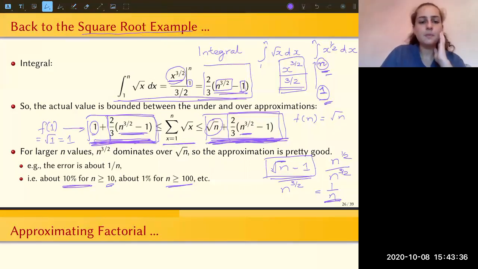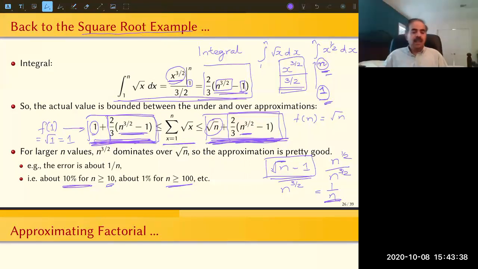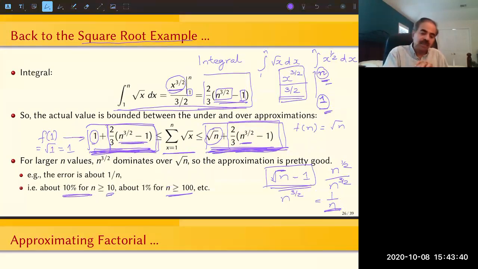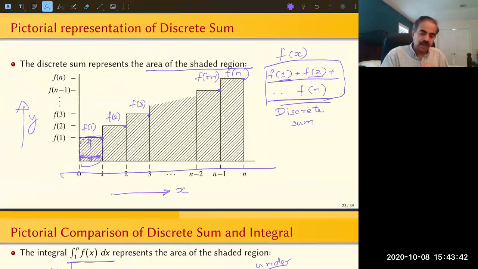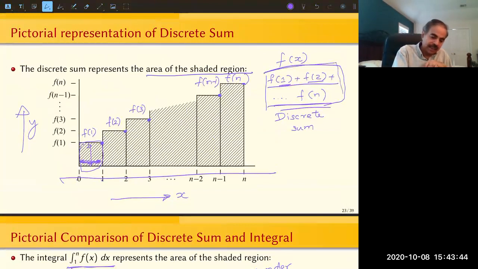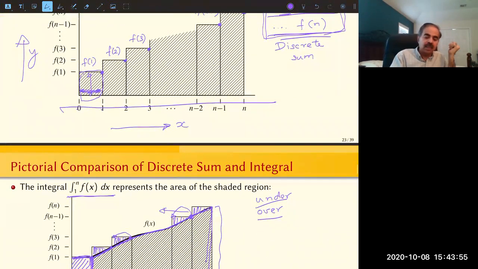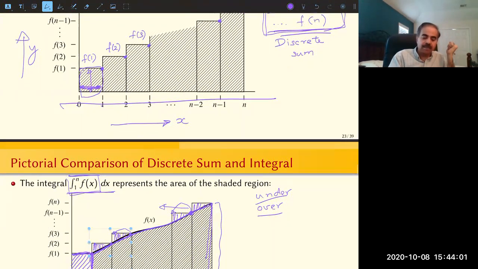So we went through showing how a discrete sum, something like this, can be approximated by using integration, essentially integrating the function f of x from 1 to n.